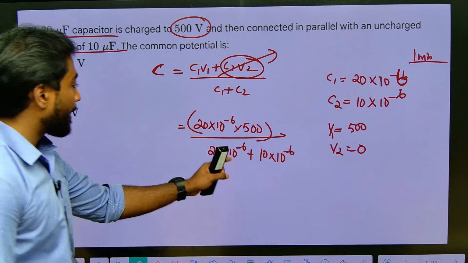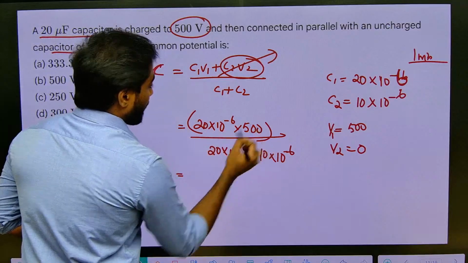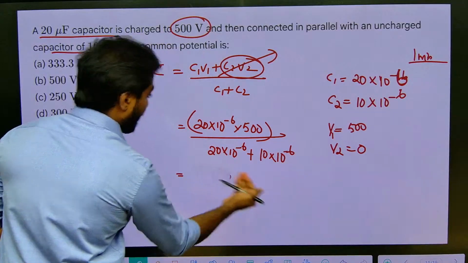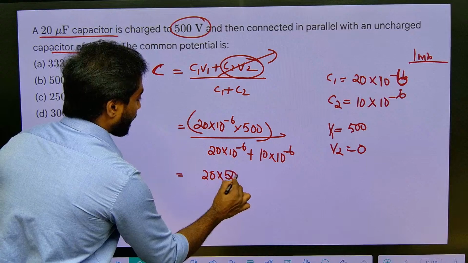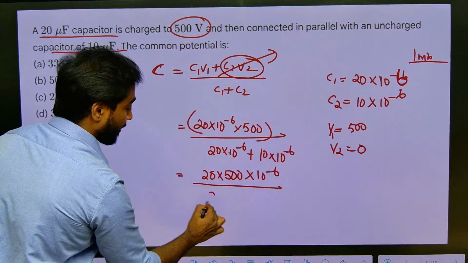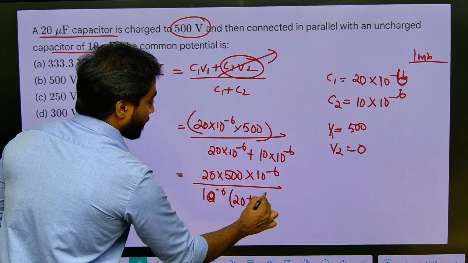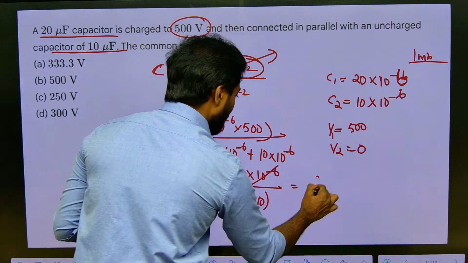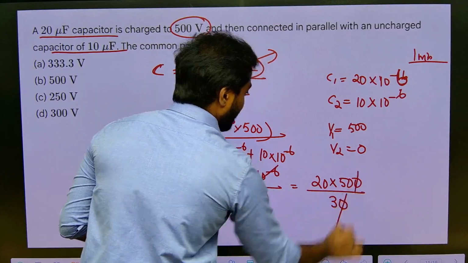Yes, only a simple calculation, no? I can take this 10 power minus 6 out. So 20 into 500 into 10 power minus 6 divide by 10 power minus 6 into 20 plus 10. So 10 power minus 6 and 10 power minus 6 cancelled out. So remaining 20 into 500 divide by 30, 0 and 0 will get cancelled off.